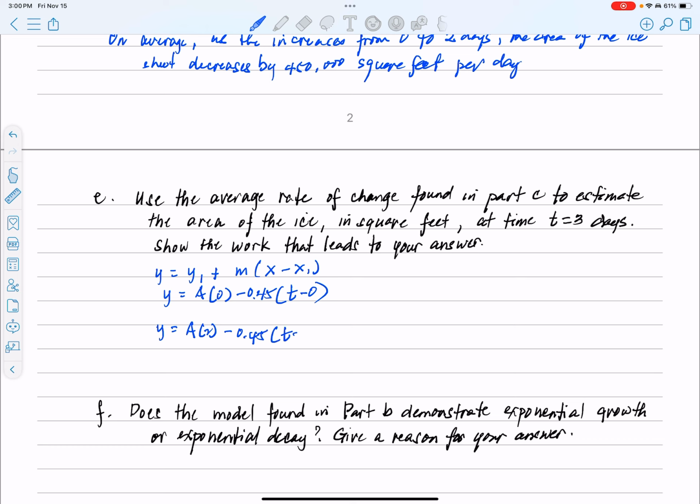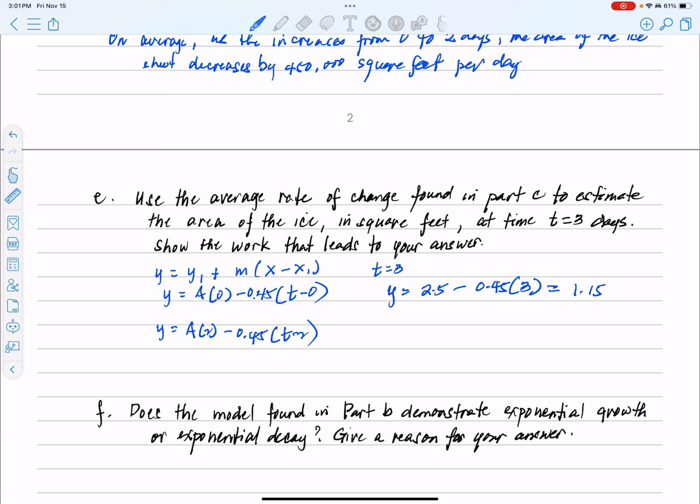So for t equals 3, we can use either of these equations. If I use y equals 2.5 minus 0.45 times 3, then by multiplying and subtracting, 2.5 minus 0.45 times 3, we have 1.15.